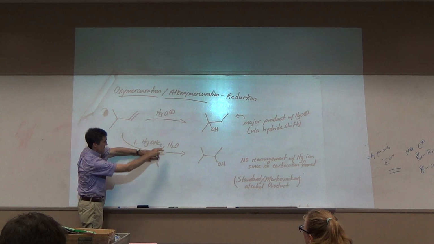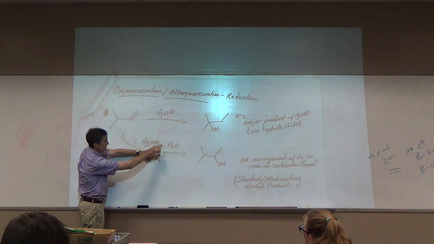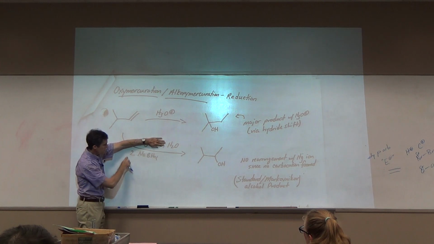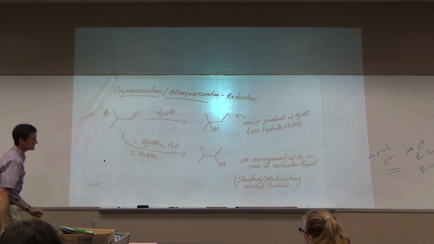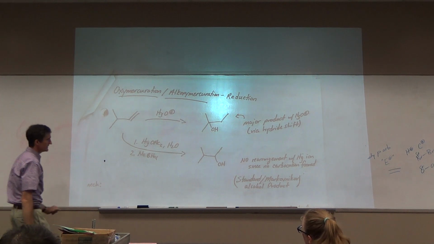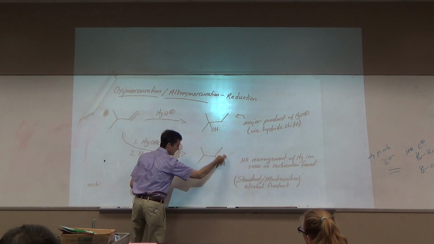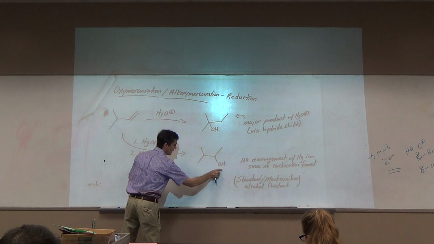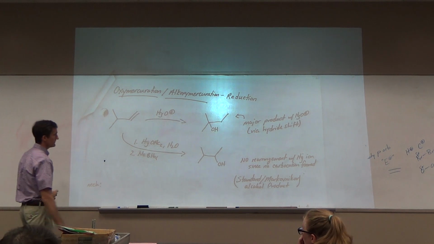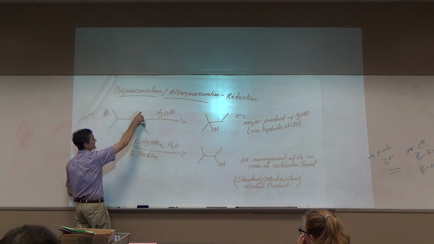You can even perhaps isolate an intermediate. This is not there until you're done with that. Then you come in and react here. This can give sort of the alcohol that you would expect up here. Where are you going to make the cation, right or left?